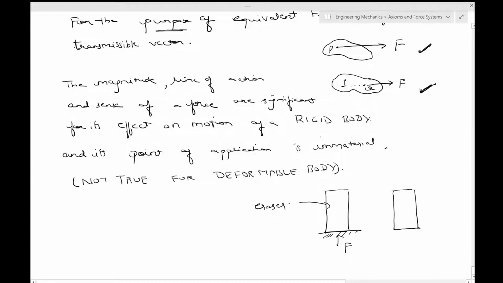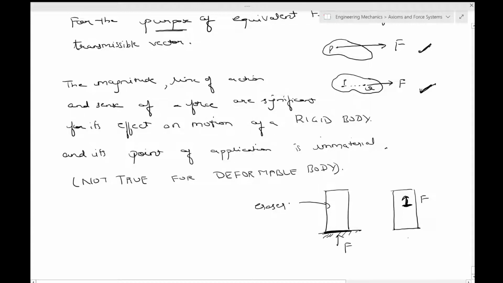But now if I remove the table from below it and apply the same force F at this point, whereas earlier we were applying the force at that point, clearly the motion of this will now be different.